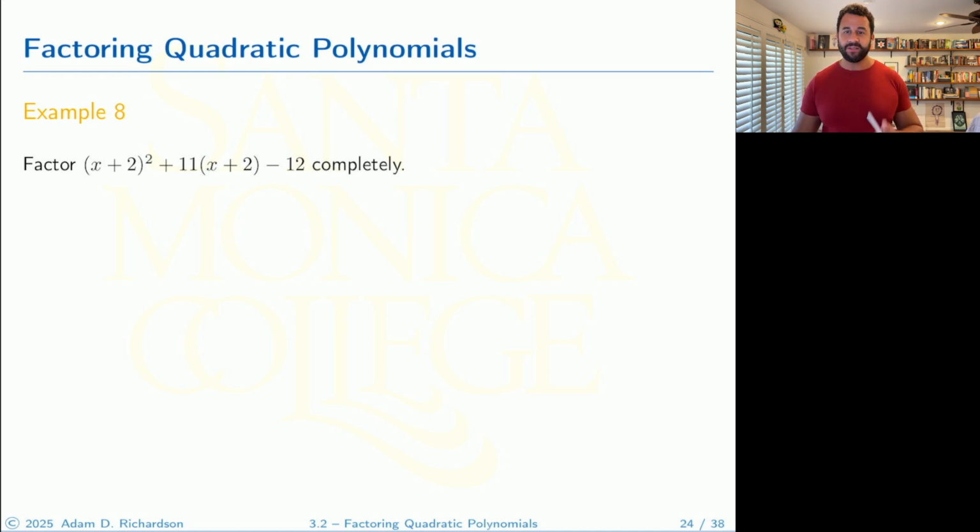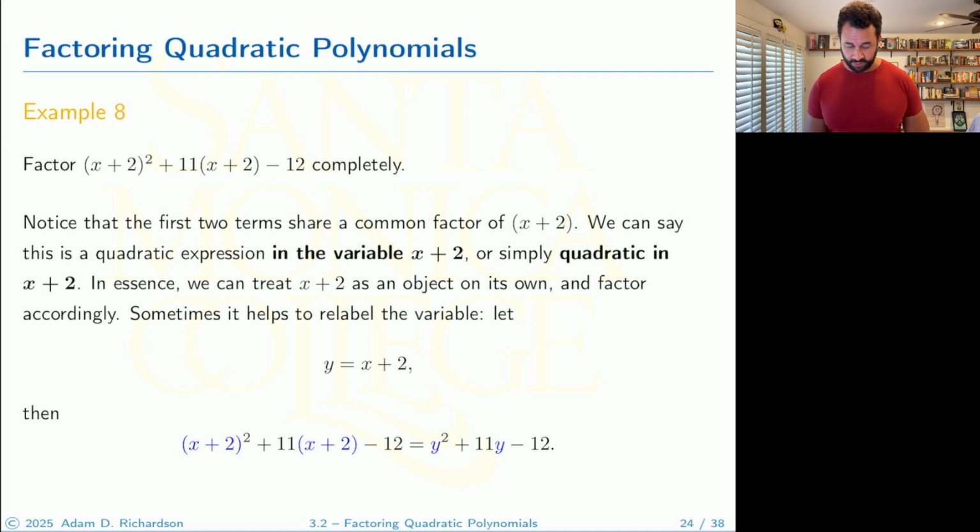So here's the cool thing. This is a quadratic expression, but it's quadratic in a different variable. Let me explain what I mean. Each one of these first two terms has a common factor of x plus 2, right? So we could actually view this quadratic polynomial as quadratic in the variable x plus 2. This is like blah squared plus 11 times blah minus 12.